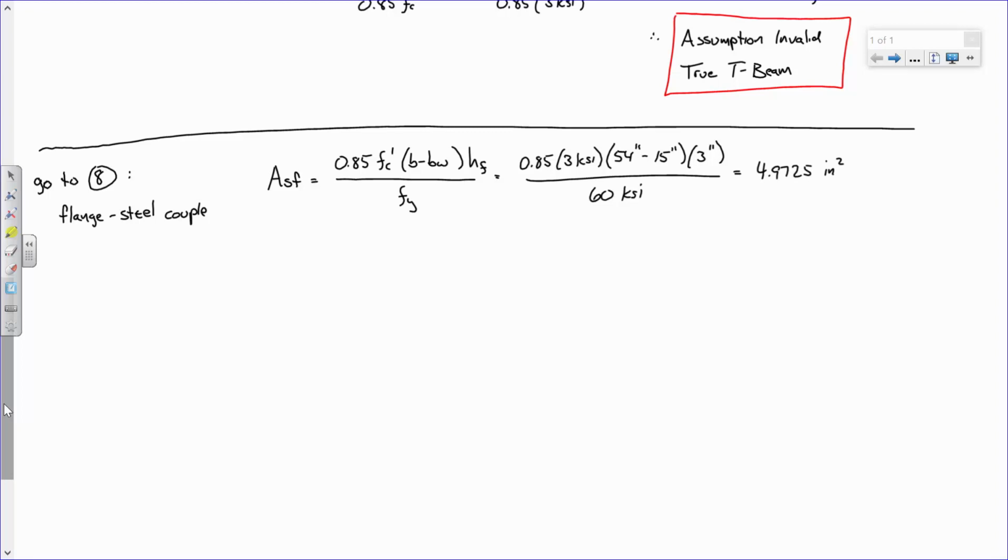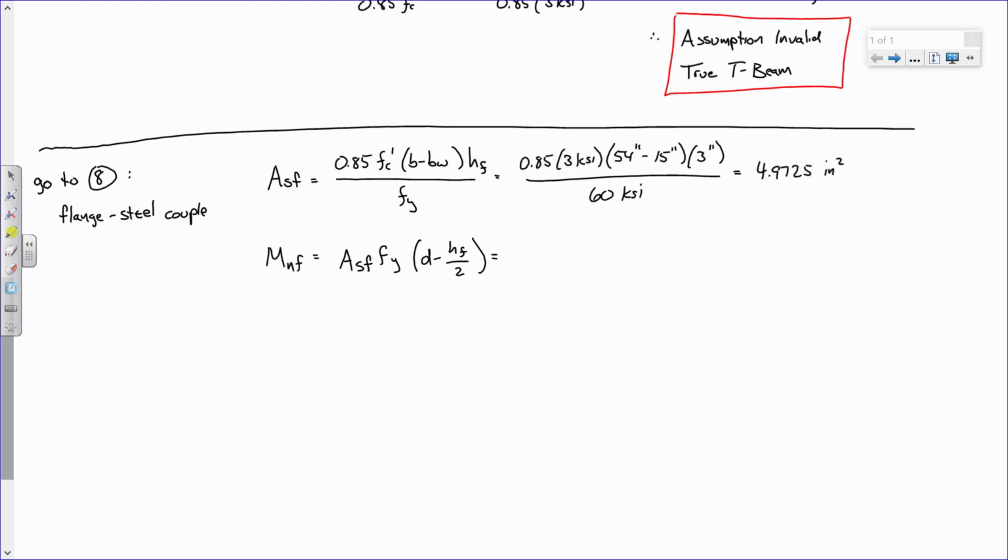That still isn't it, though. Hold on. All right, one more. We need to compute the MNF, which is ASF times FY times D minus HF over 2. Okay?